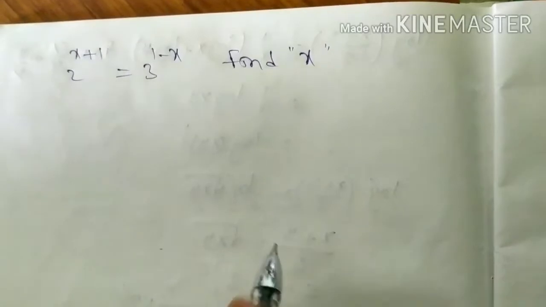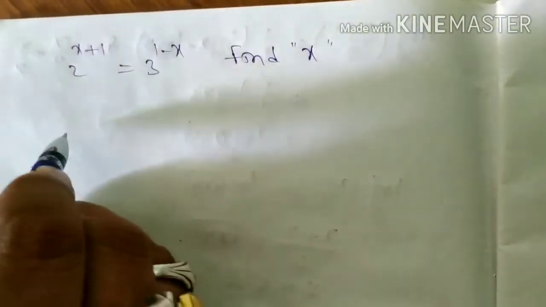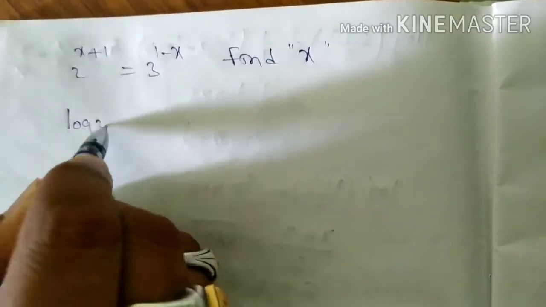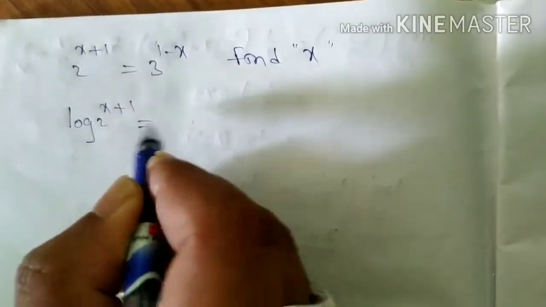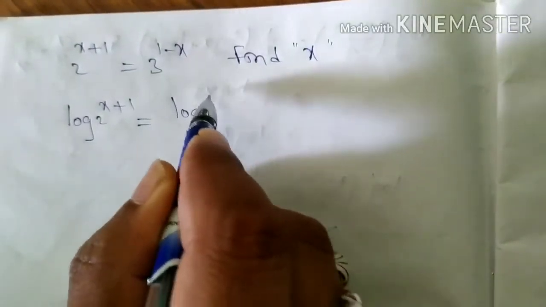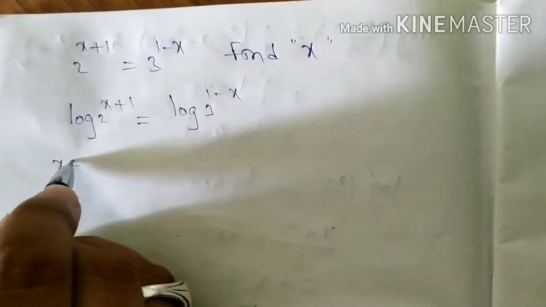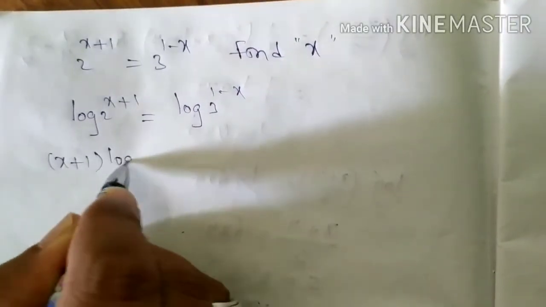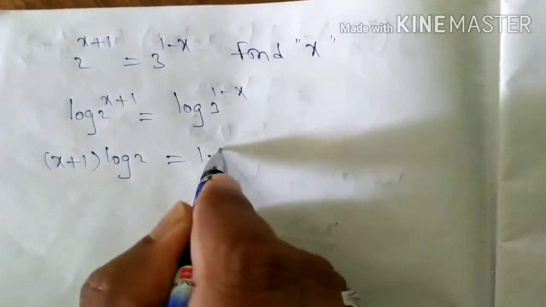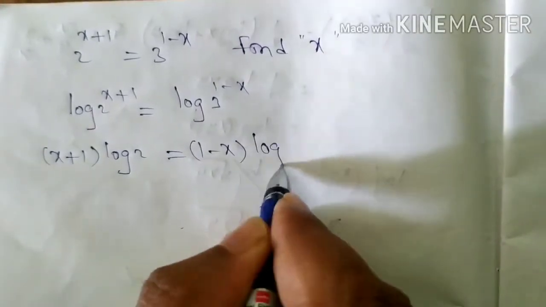Here 23, got it. Now 2 power x plus 1 is equal to 3 power 1 minus x. Then find x. So apply log on both sides. So log 2 power x plus 1 is equal to log 3 power 1 minus x. Here x plus 1 comes in front: (x plus 1) into log 2 is equal to (1 minus x) into log 3.